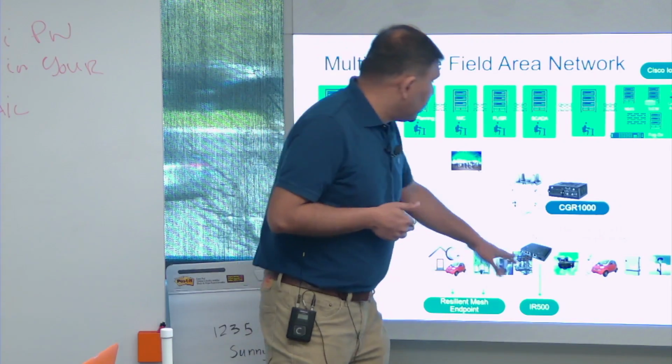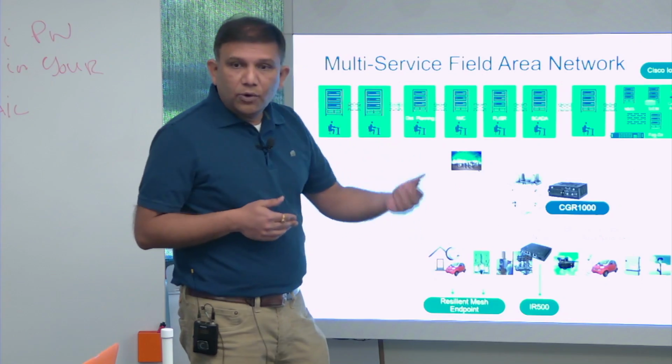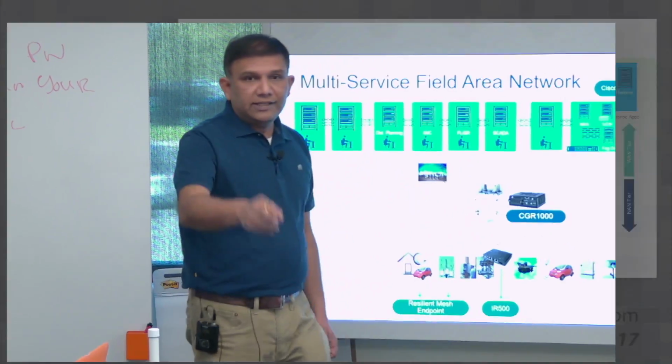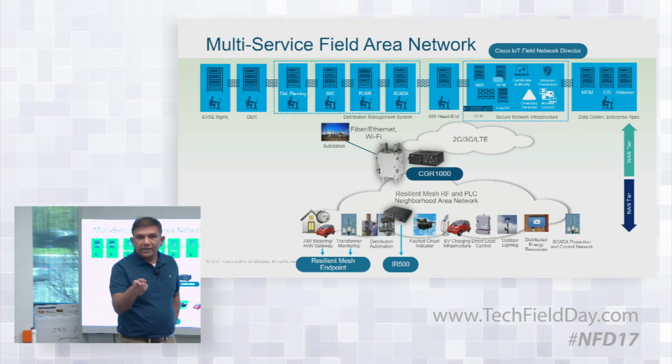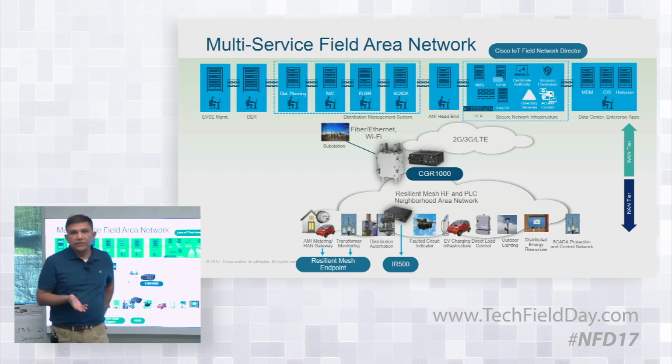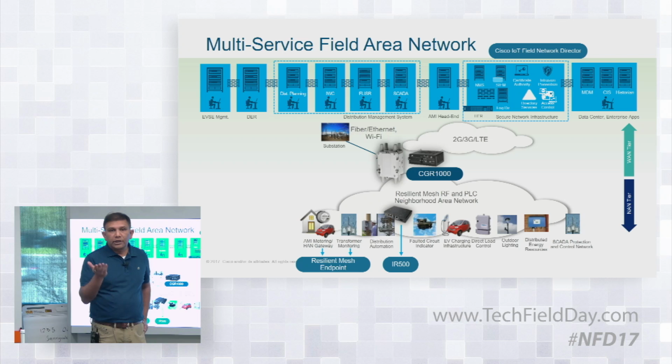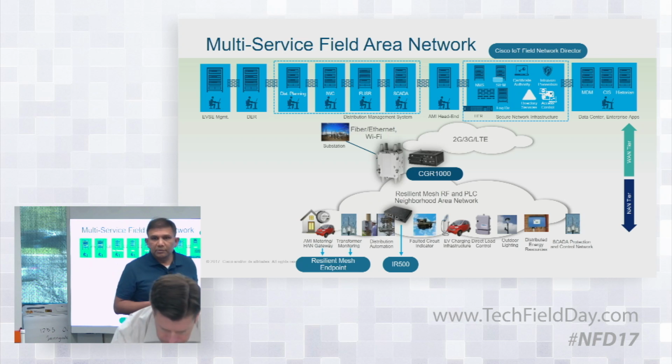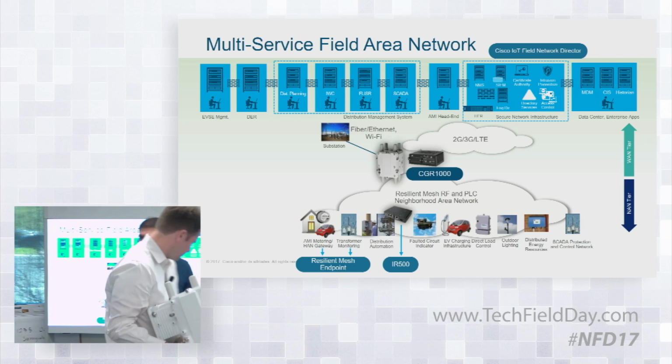So we talked about the DA gateways, and we'll talk about it more. The CGR is that one there. It's a ruggedized IP67 router running IOS. It has a built-in BBU. It has 4 slots.